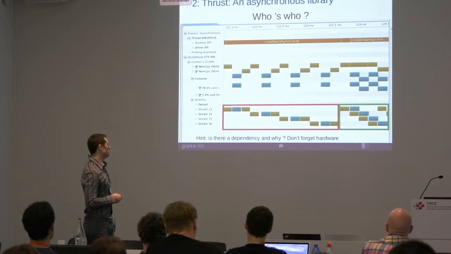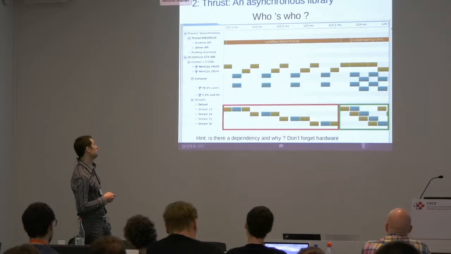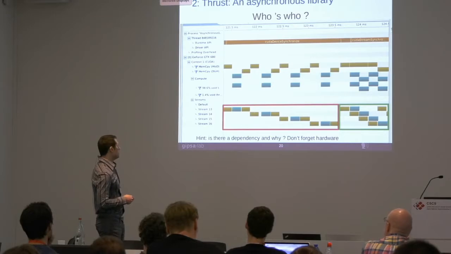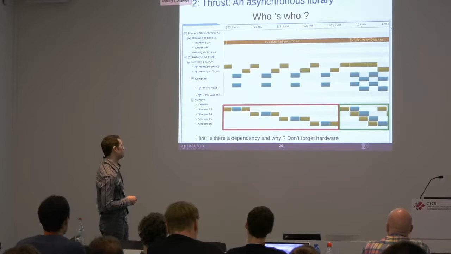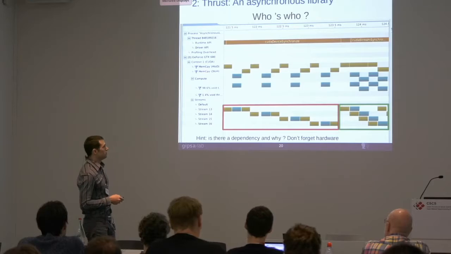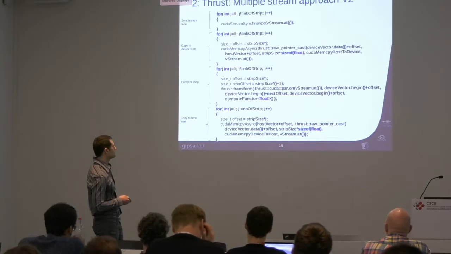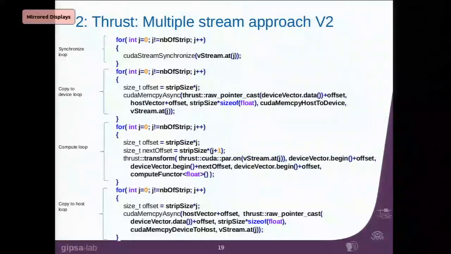So here, the single copy engine of the GeForce card I used for this example, which was a GTX 680, has sequentialized the copy from host to device, the copy from device to host, and the next copy from host to device. This is why, in this case, it was more interesting to use this pattern so that all the copies from host to device are launched and seen by the copy engine before the return copy.